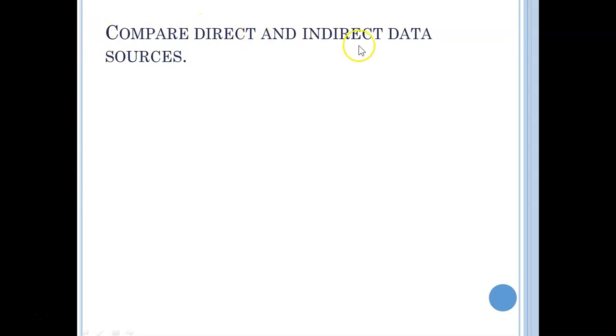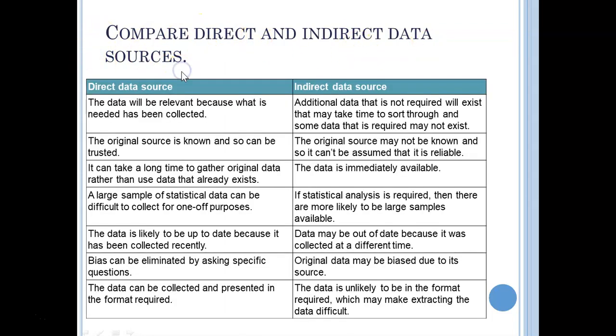So just to compare direct and indirect data sources, there are quite a few points in this slide. Let's try to go through them as quickly as we can. For a direct data source, the data will be relevant because what is needed has been collected. The original source is known and so can be trusted.